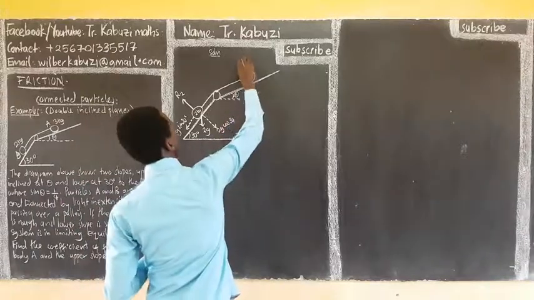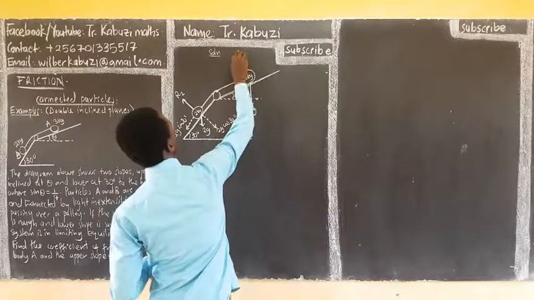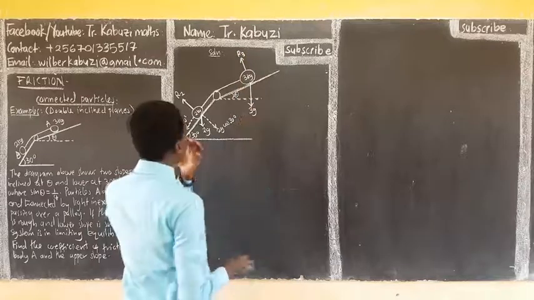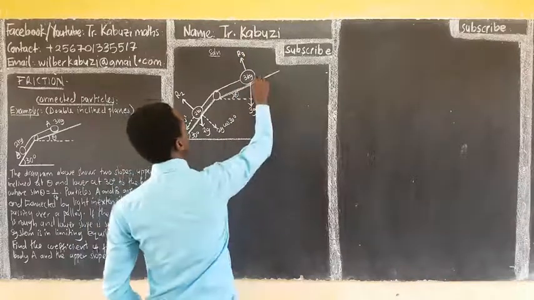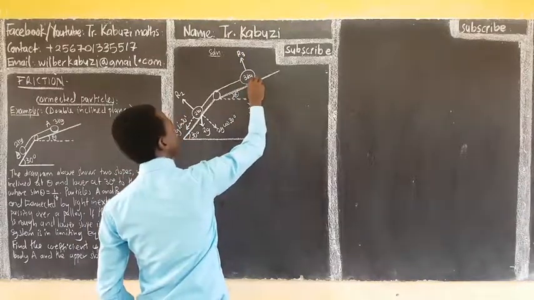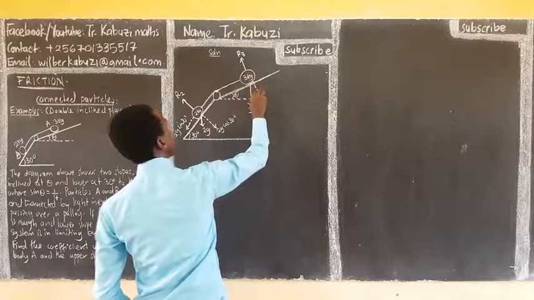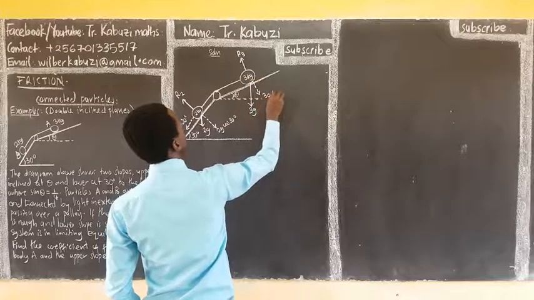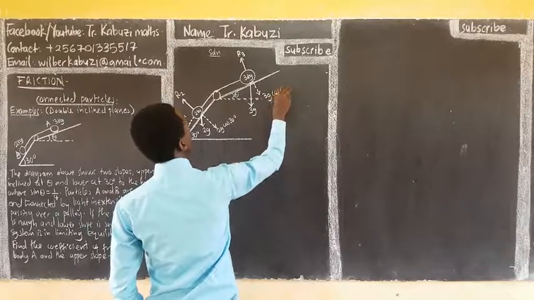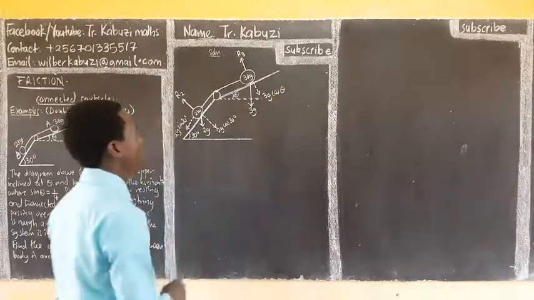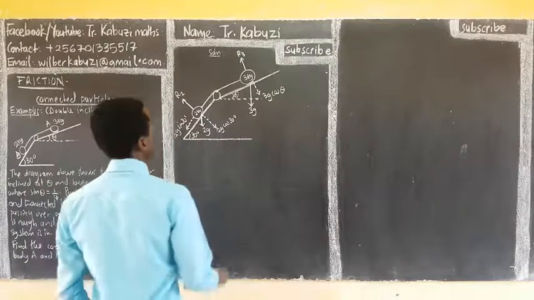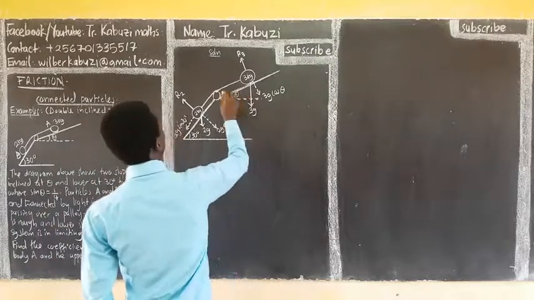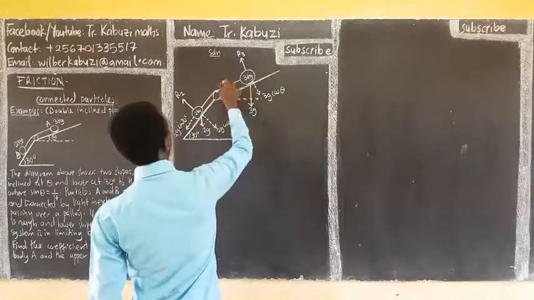So can we resolve this also? It's a reaction. Let us call it the reaction of the body of mass 3 kilograms. To resolve this, we are going to have 3g cos theta, because we don't know theta now, but they gave us that. Then it starts to resolve in this way here.